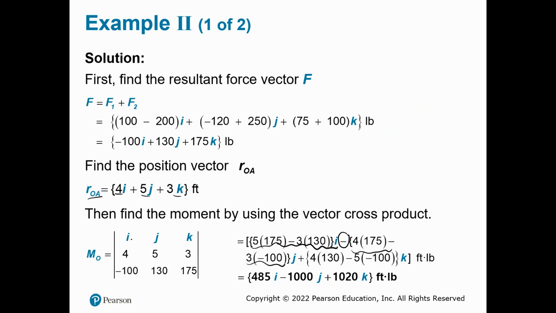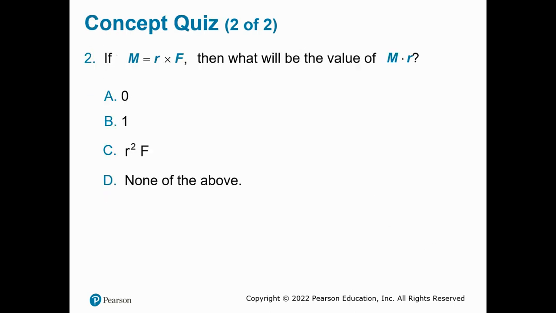For example, when you're looking for the I component, you eliminate the row and column that includes I and look for the determinant. So you have 5 times 175 minus 3 times 130. That's where that box comes from. That's your I component. And you do similar for the J and for the K. And remember, for the J component, the sign needs to be negative at the beginning.